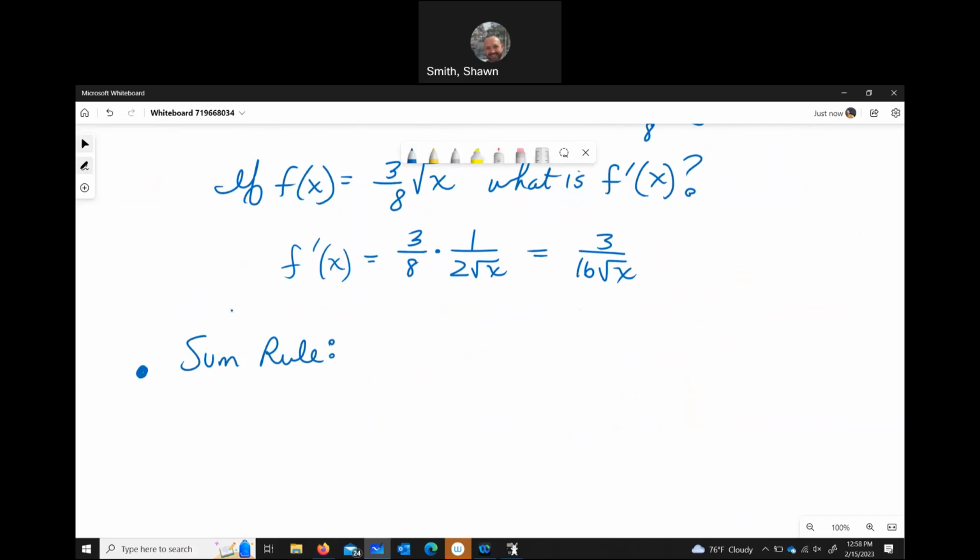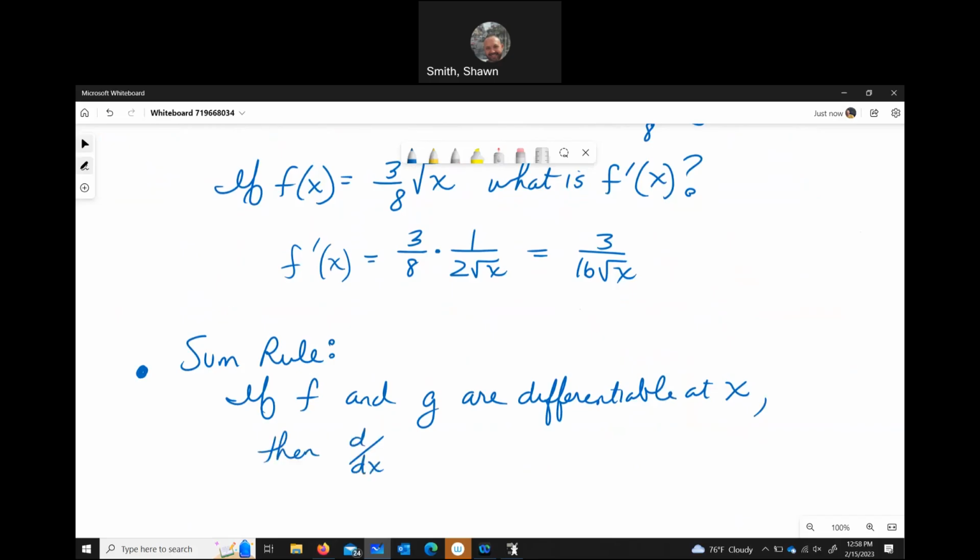So if f and g are differentiable at x, then the derivative of f plus g is nothing more than the derivative of f plus the derivative of g. So you put a minus in there too if you want to, and it applies to that as well.